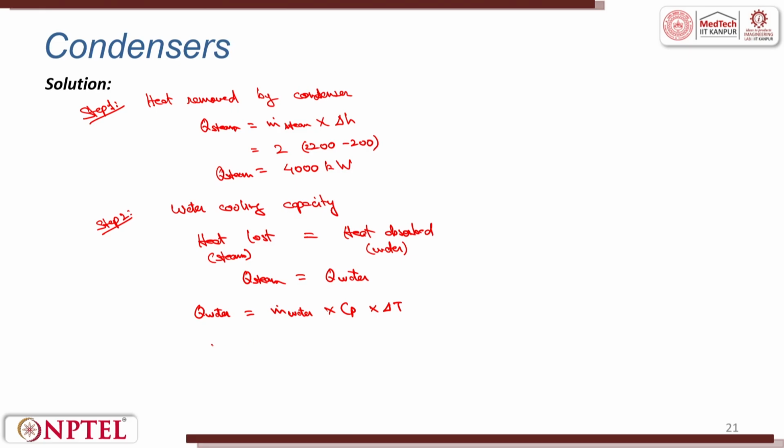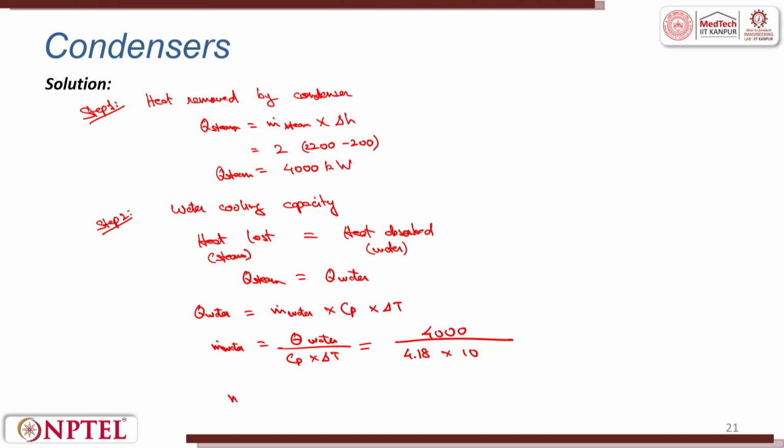Therefore, mass flow rate of water is equal to Q of water by Cp into delta T. Putting the values, this is equal to 4000 by 4.18 into delta T, that is 10.